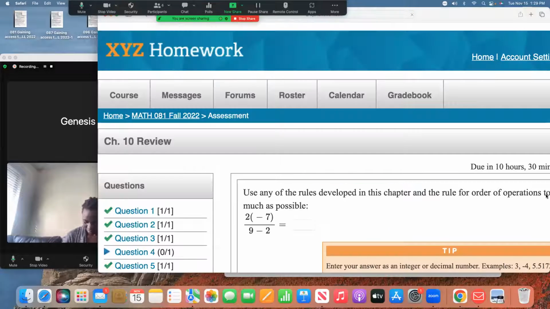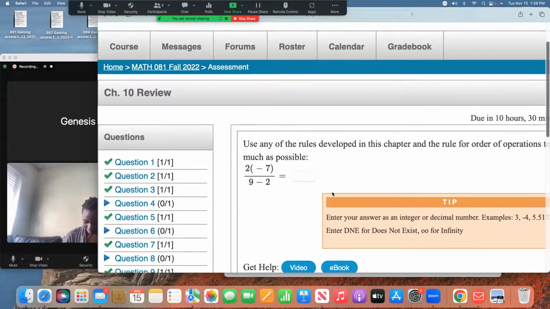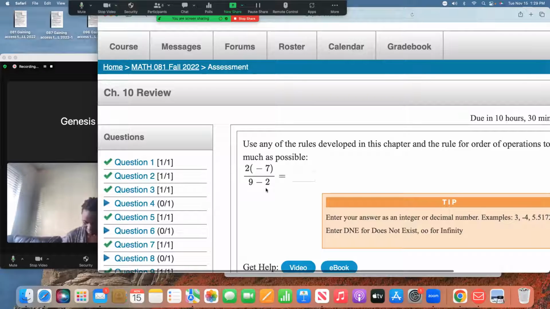I think I would try this one. Okay. So in order to do a fraction where there's steps to do, you need to do the steps first and then see what you can do from there. So the numerator, 2 times -7, positive times the negative is a -14.